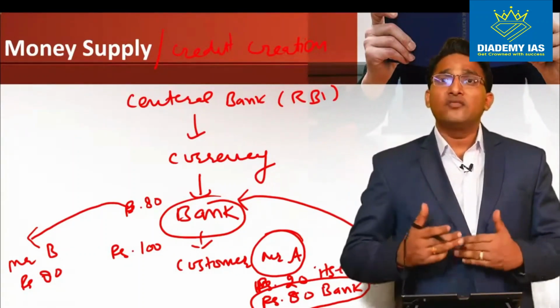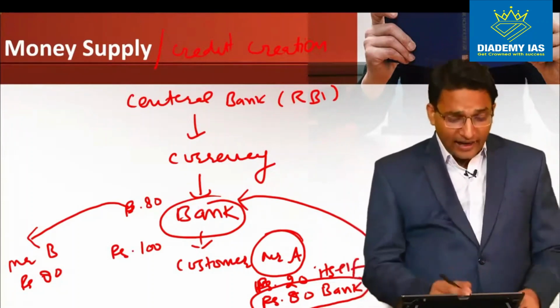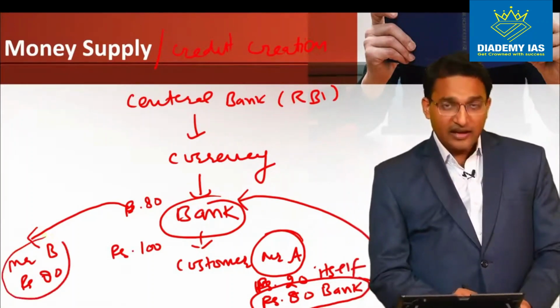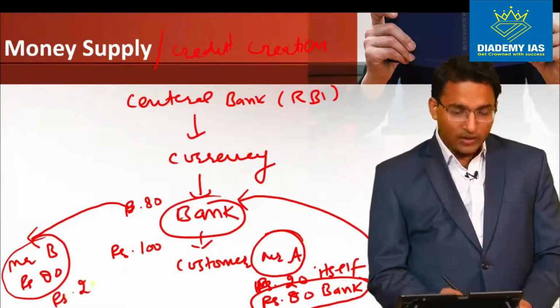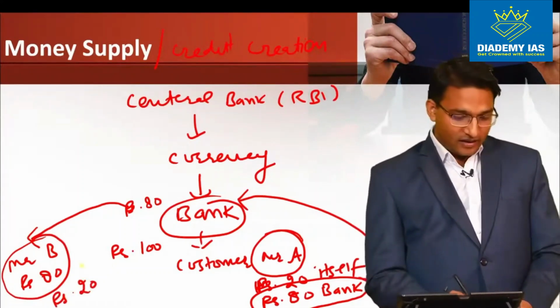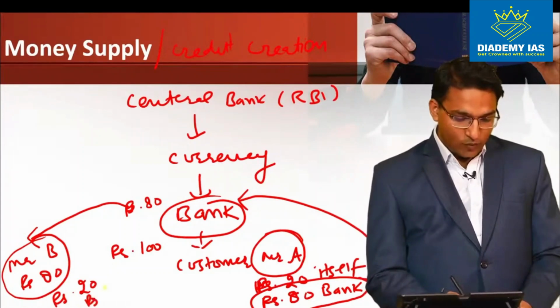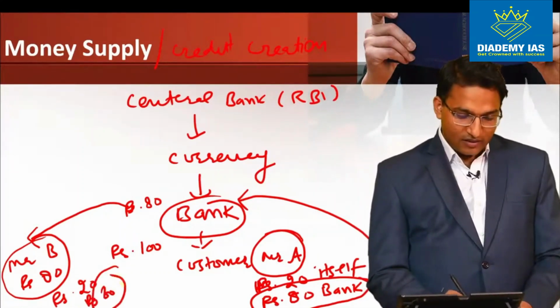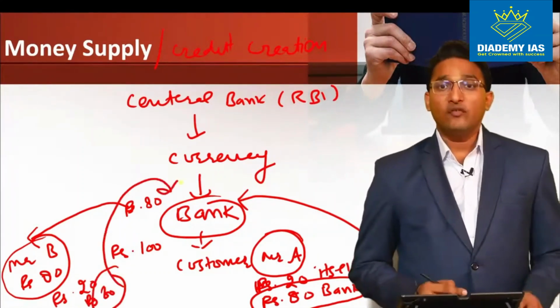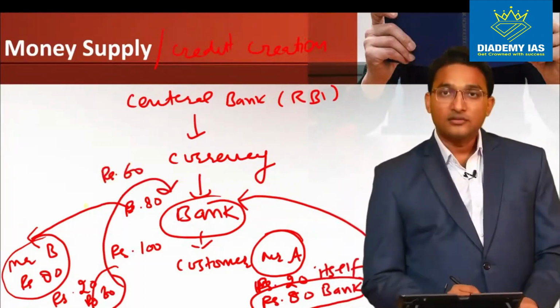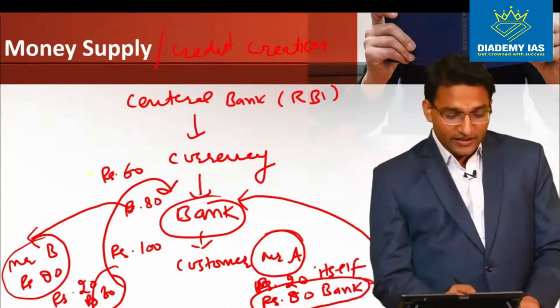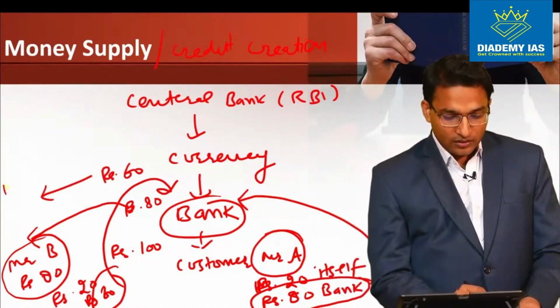Therefore, the bank will give rupees 80 to Mr. B. Again, Mr. B, as a habitual pattern, will retain, for example, rupees 20 with himself, and the rest of the rupees 60 he will give back to the bank. So we can see the bank is again receiving rupees 60. Now again this 60 rupees will be given to Mr. C.